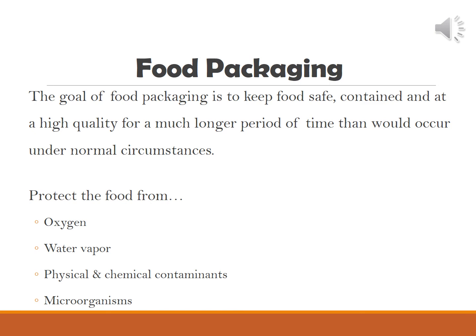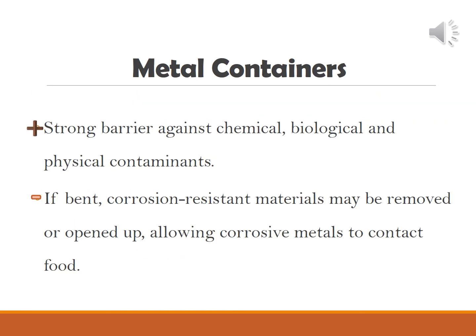There are multiple types of containers that we can put foods into, but I'd like to just highlight metal containers for two reasons. One, because they have an incredible ability to keep out microorganisms and prevent spoilage. And at the same time, they're also, under the right conditions, very susceptible to very significant health effects.